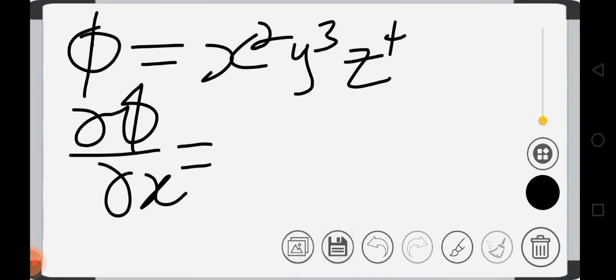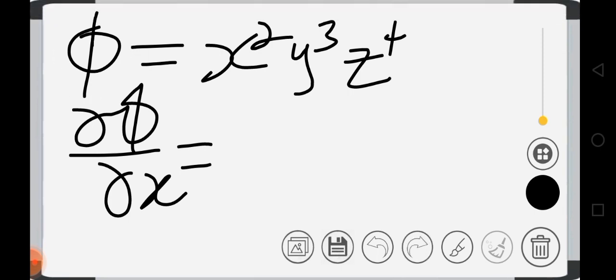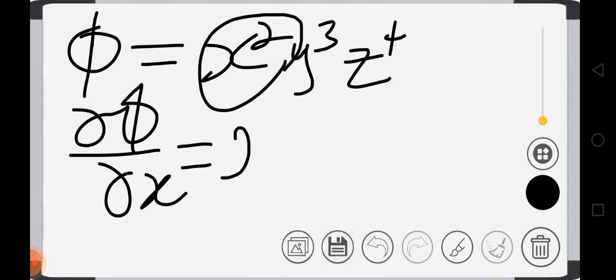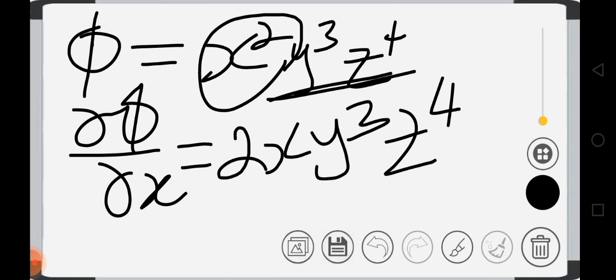So I'm going to do this one now. The same thing: partially differentiate phi with respect to x. This symbol is what we call partial, because that's the Greek letter. So if you differentiate this x out, I'm going to have 2x. The rest remain the same, which is y cubed z to the 4. It's as simple as that.